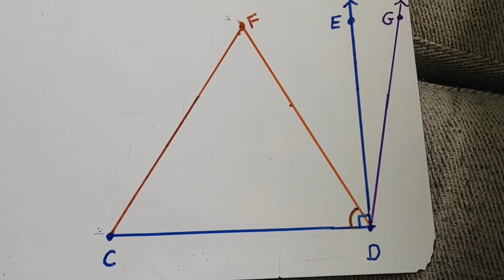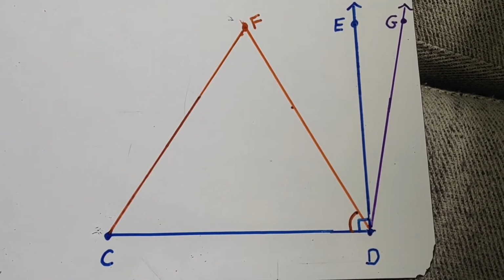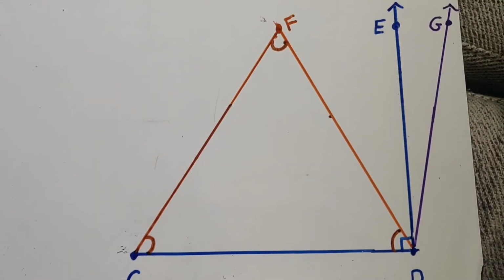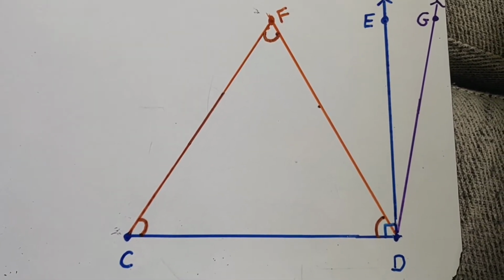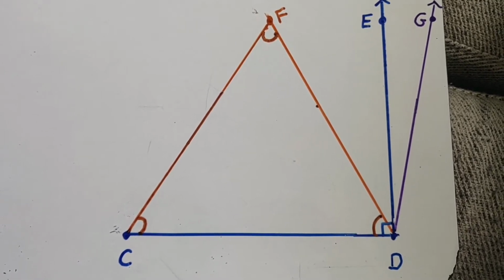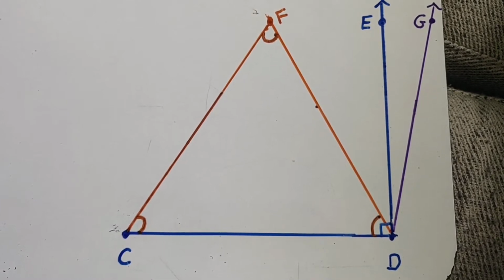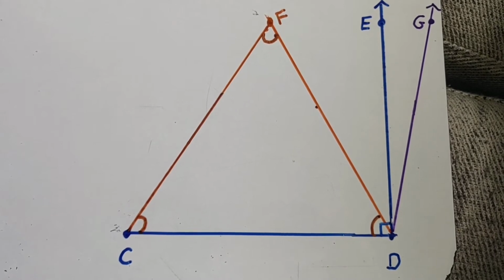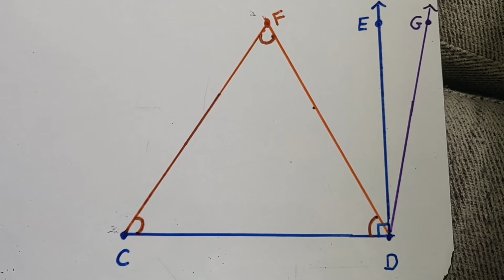And now I'm going to do the same thing for angles DFC and FCD, and you can see those there and there. So now we have a shape with three angles, and that's what makes it a triangle, because again, tri means three, so triangle means three angles. And we're going to work with triangle CDF.